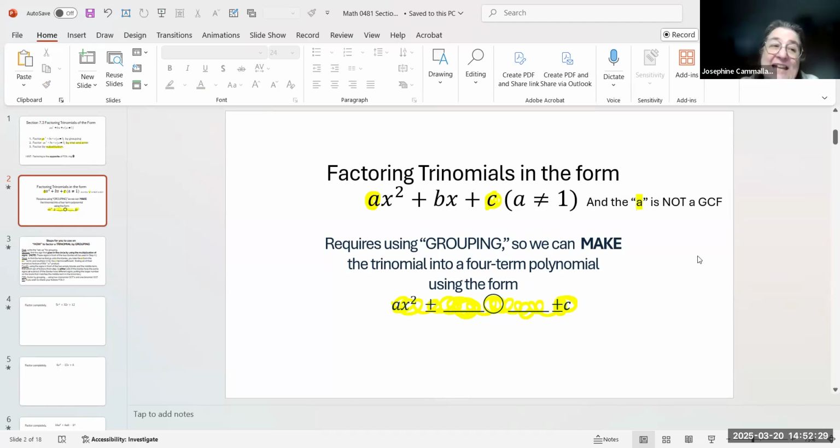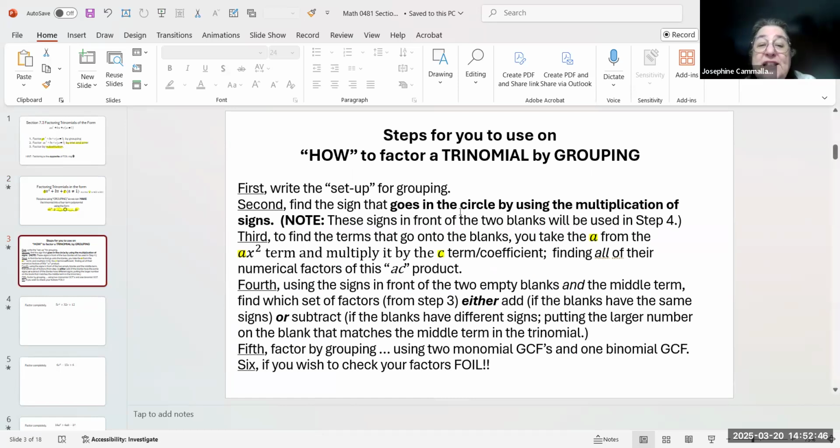Now, I added this slide to the previous section because I found that it was easier to show you than to give you these steps, but I did include it in the PowerPoint in section 7.2. And you're going to see that this is exactly what we did.